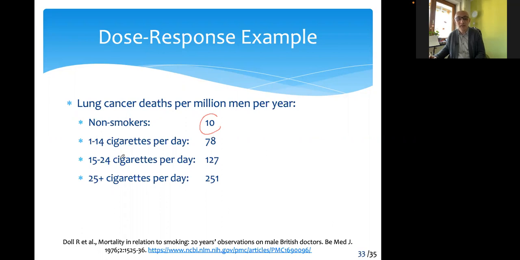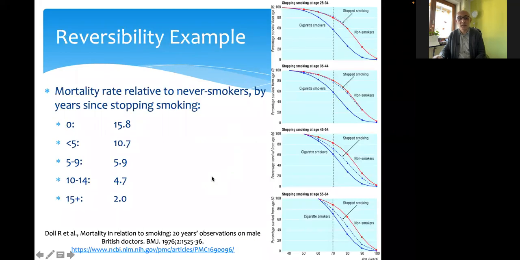But if they smoke 1 to 14 cigarettes a day, the risk increases to 78. 15-24 cigarettes, 120. 25 plus, 450. You see, there is a very clear dose-response relationship. Okay, that's one in the pocket if you are trying to make conclusions on the tobacco and lung cancer relationship.